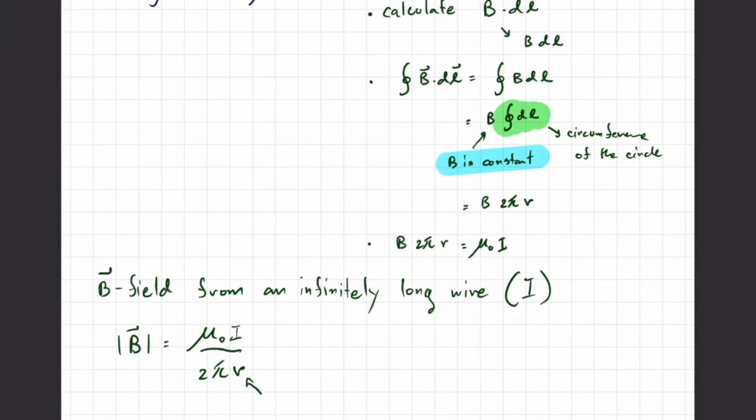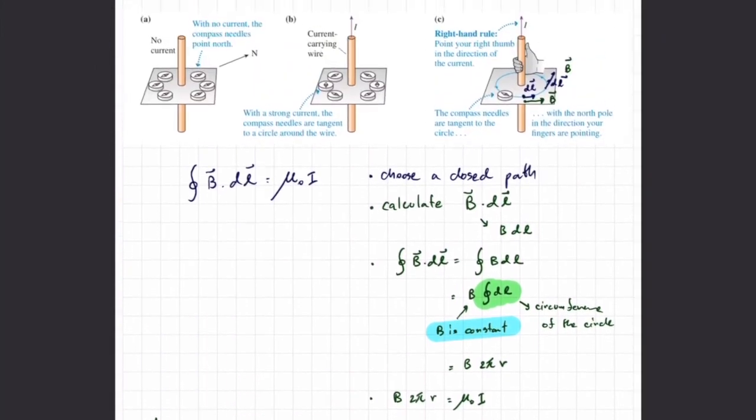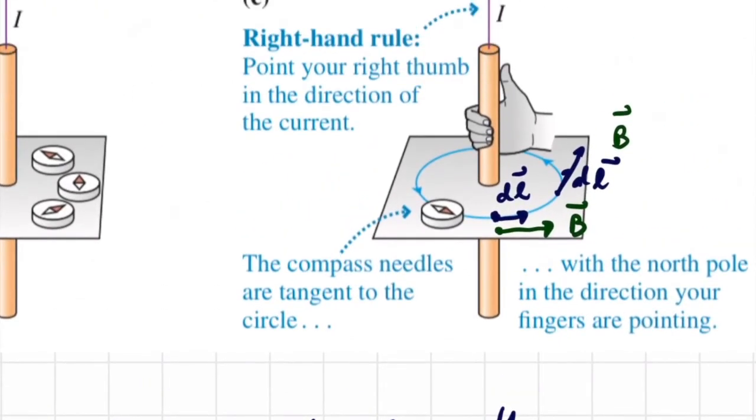So r is the distance from the wire. Okay, and the direction is given by the right hand rule, just like in this picture.